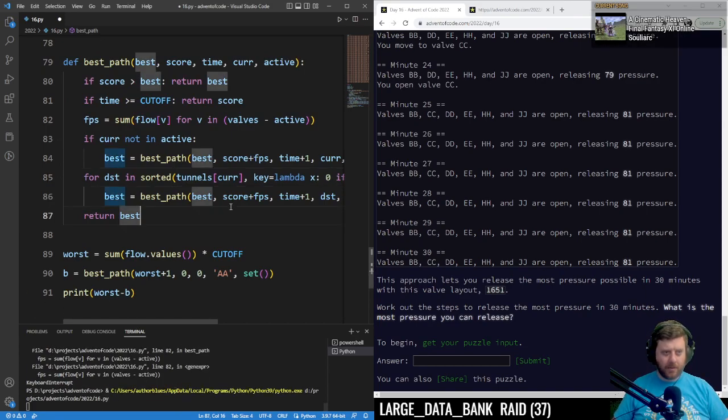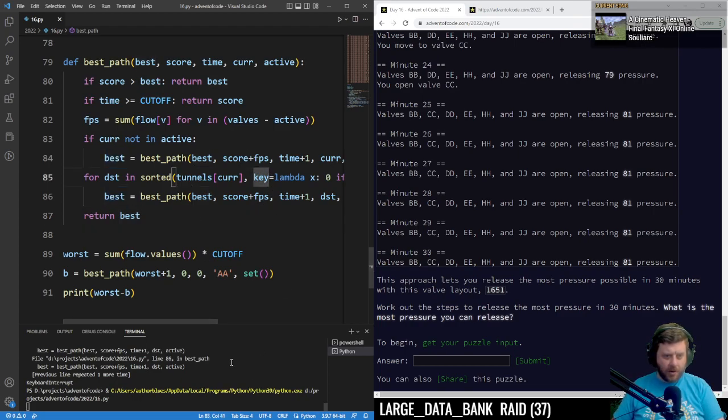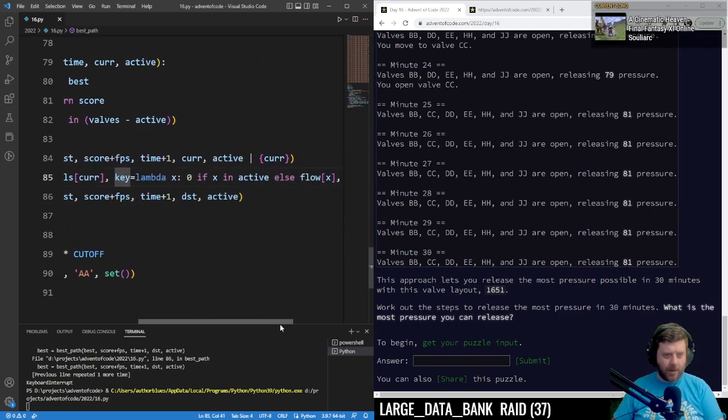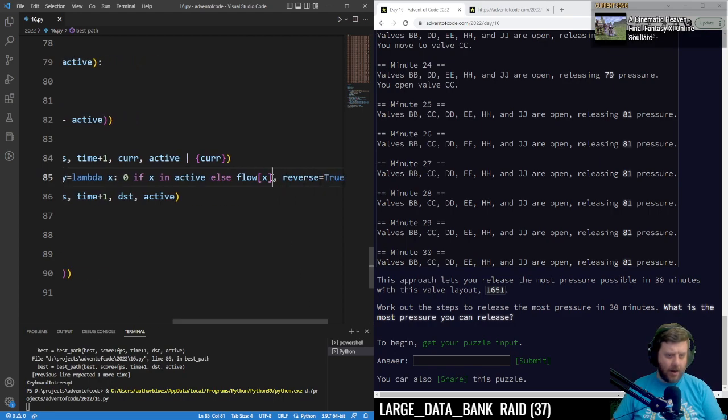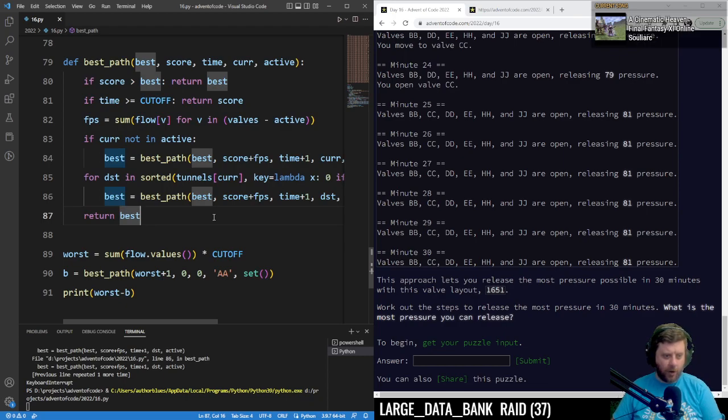There. Oops. Let me make sure it's saved before I run. Okay, this seems like maybe the best ordering I can get. I've sorted them by a lambda that prioritizes ones where I could go and change the flow more effectively.